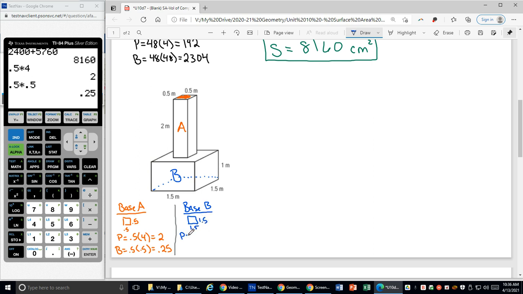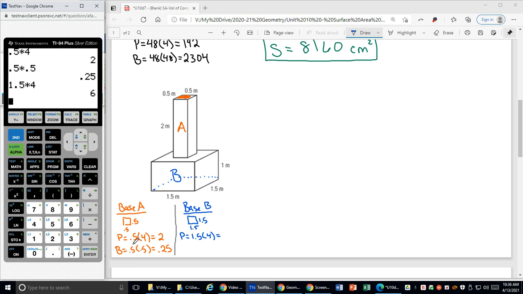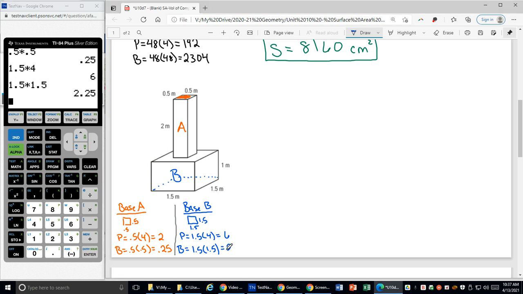So the perimeter is going to be 1.5, and there are 4 of them. 1.5 times 4 is 6. And then the area of my base is 1.5 by 1.5. 1.5 times 1.5 gives me 2.25.